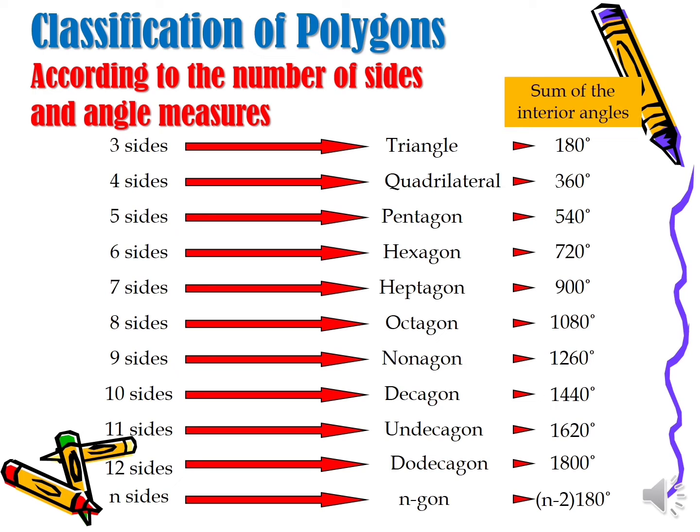So therefore, there are 2 triangles multiplied by 180 degrees, then you will have the result as 360 degrees. We have classified polygons according to its convexity, its sides, and its angles. So now, let us define some of these polygons.